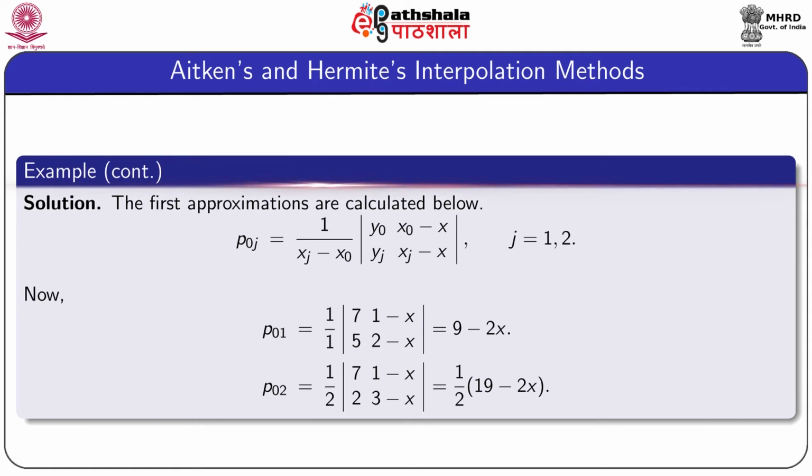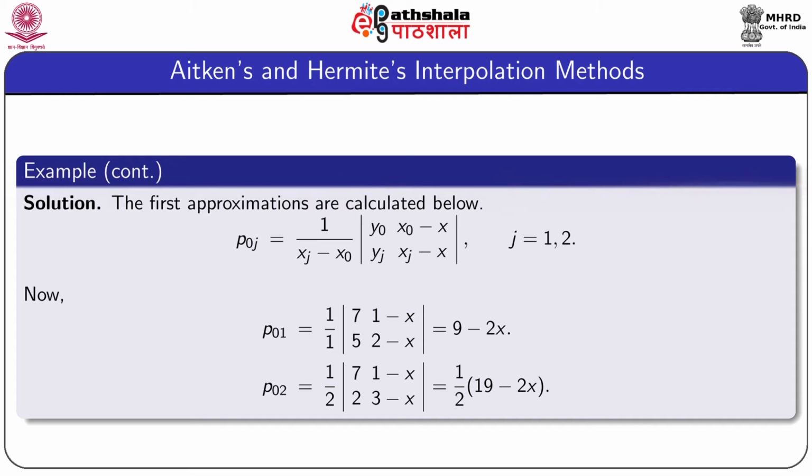The first column is 7, 5, the values of y 0 and y 1, and the second column is 1 minus x and 2 minus x, because the value of x is not given here. After simplification, the value of p 0 1 is equal to 9 minus 2 x. So, this is a polynomial of degree 1.